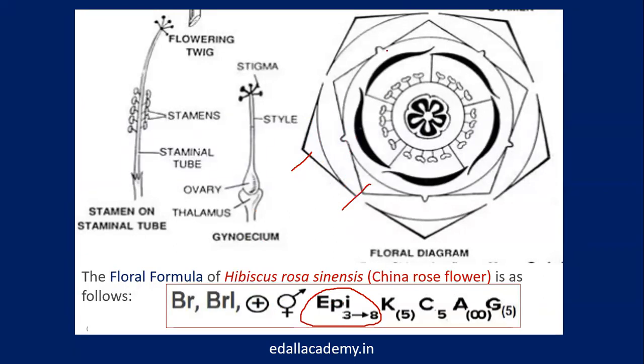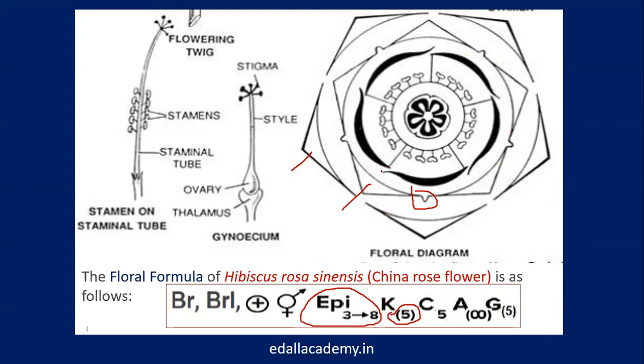Calyx consists of 5 sepals. Sepals are united, just touching one another without overlapping. So calyx consists of how many sepals? 5 sepals fused. So a bracket is used to represent fused sepals. Just touching one another without overlapping, it is called valvate aestivation.